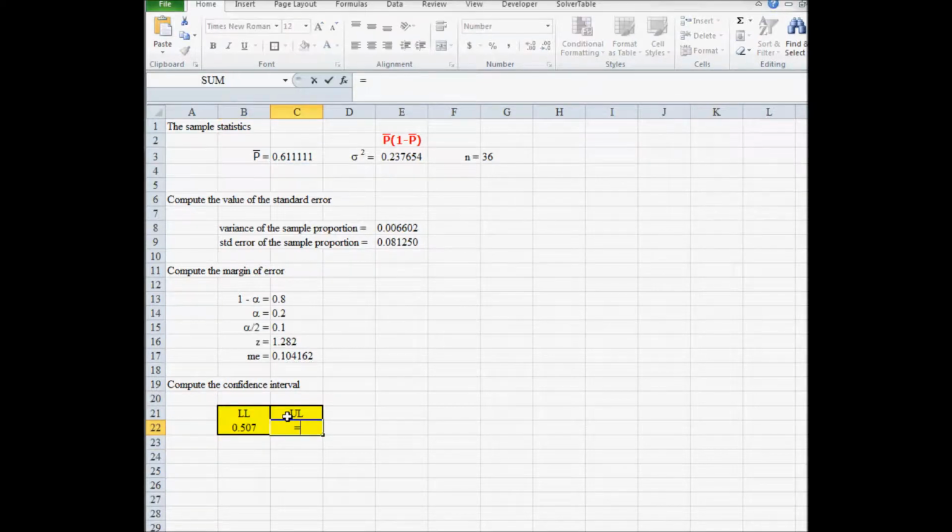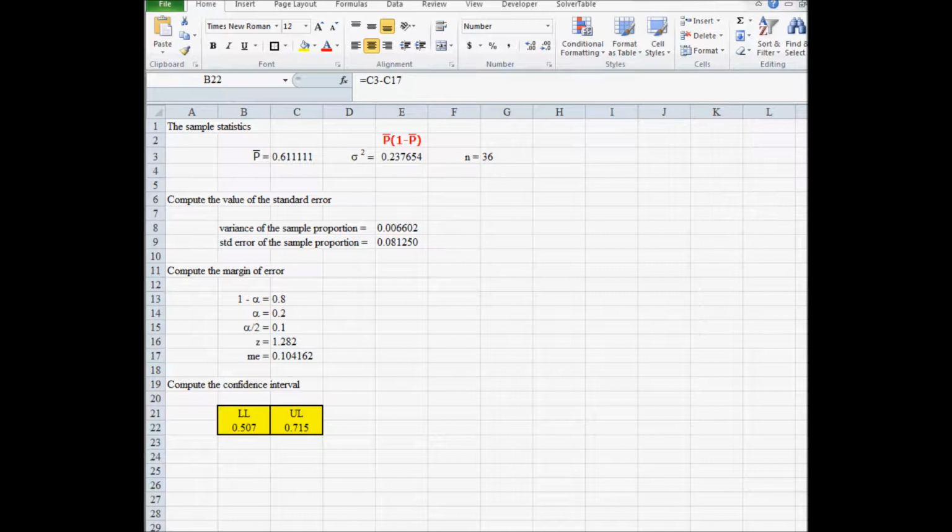The upper limit is equal to the sample proportion plus the margin of error. So I am 80% confident that the true proportion of senior business executives who believe having an MBA helps people climb the corporate ladder is between 51% and 72%.